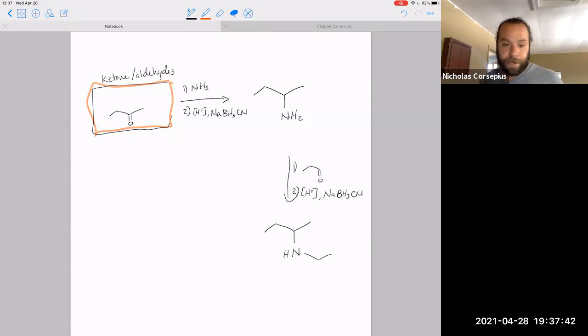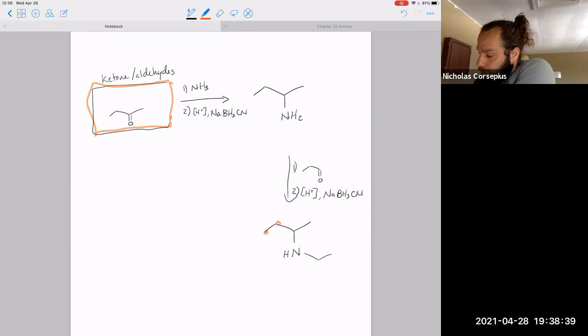See if you can name it, but if we can't get all the way to the name, see if you can at least tell me where the parent chain is in our secondary amine here. So whenever you're doing your parent chain, you always want to include the functional group.